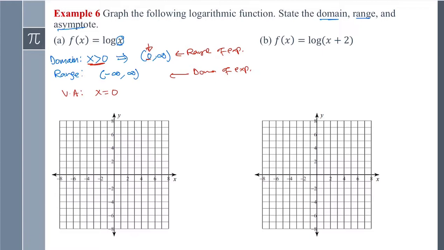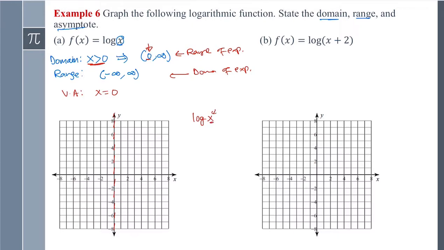So the vertical asymptote is x equals 0, which means the y-axis. So this is the vertical asymptote. Okay, now to graph, we need at least 2 points. That's all we need. Now think about this one. When does log of x become 0? It becomes 0 when x is 1.